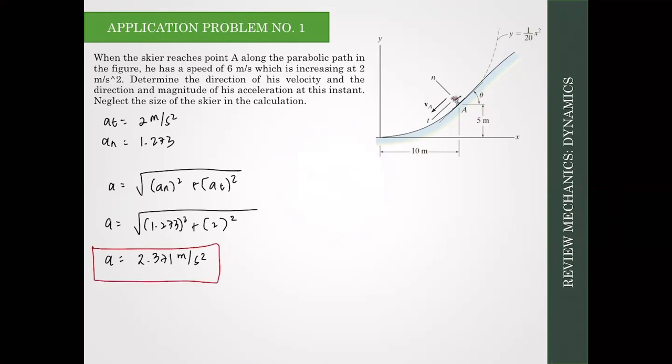And then we need the direction too. So how about the acceleration? Okay? Same again, this is our point. And then this is our tangential acceleration. Then this is our level ground, which is parallel to x. Okay?